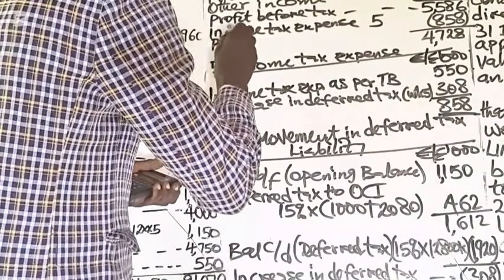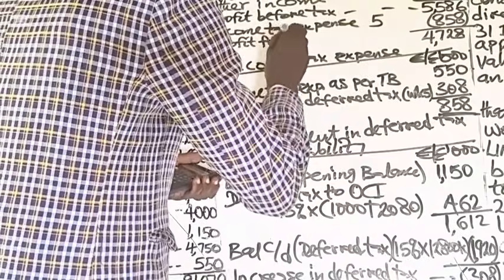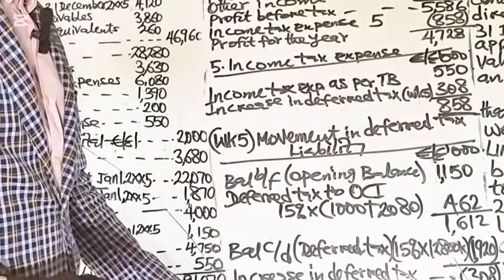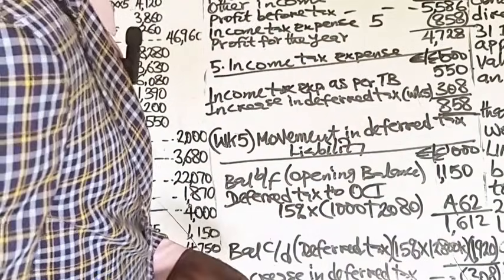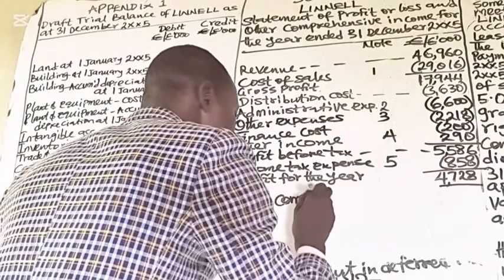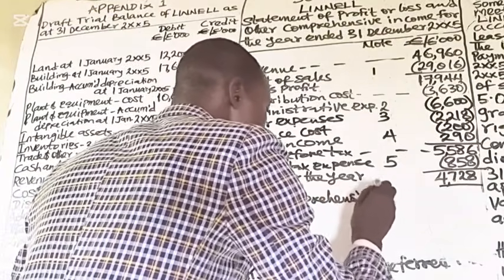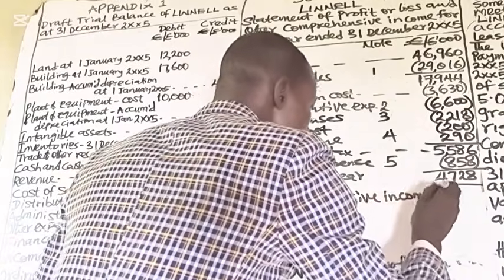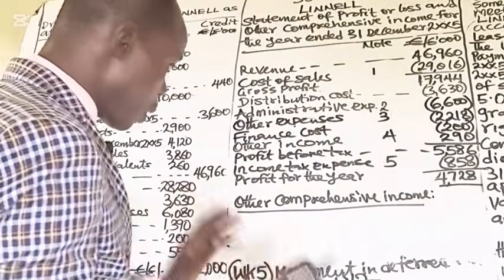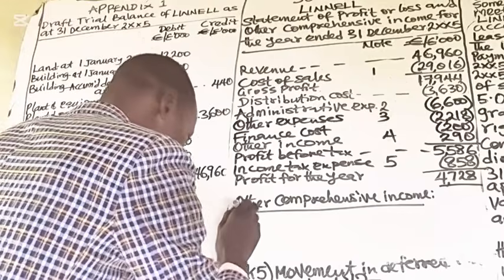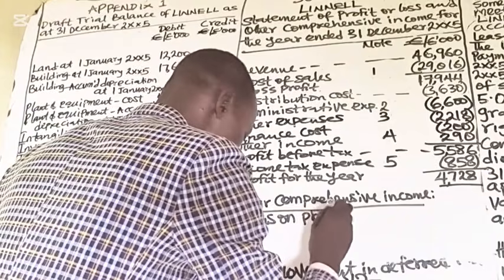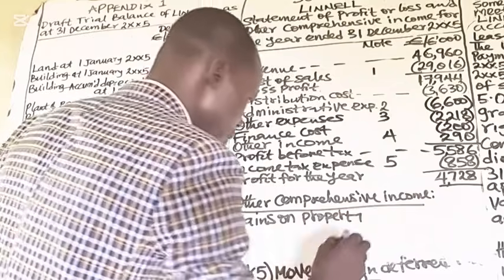After profit for the year, the next item is the items of other comprehensive income. The only item of other comprehensive income that occurs during the year is gains on property revaluation.